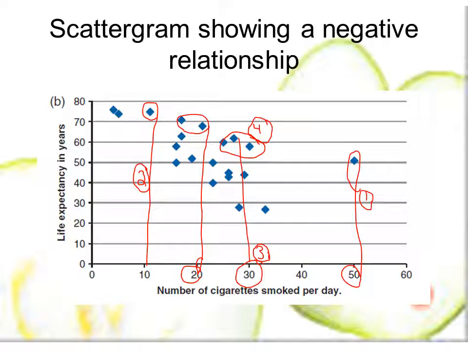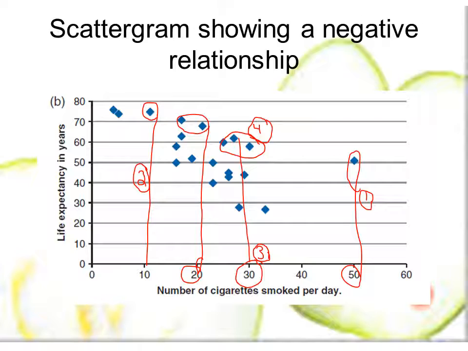If I want to go in between and say a pack of cigarettes, which is 20 cigarettes a day, I can kind of identify anywhere between an average of 60 to 70 years in age.